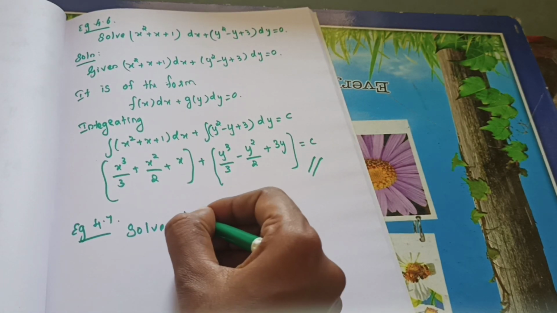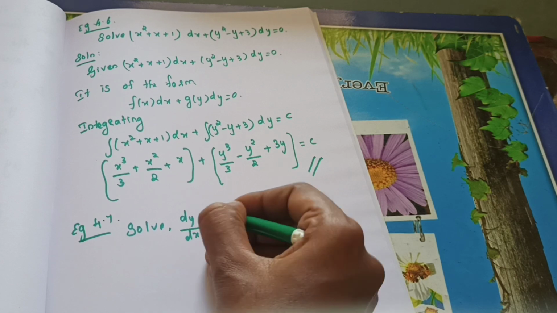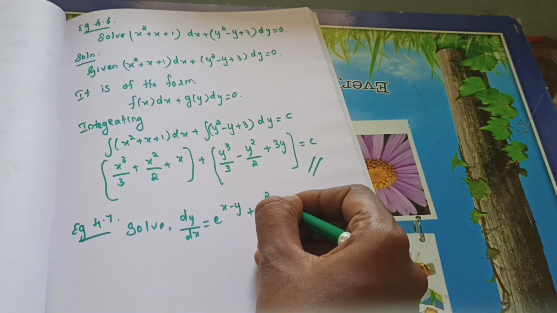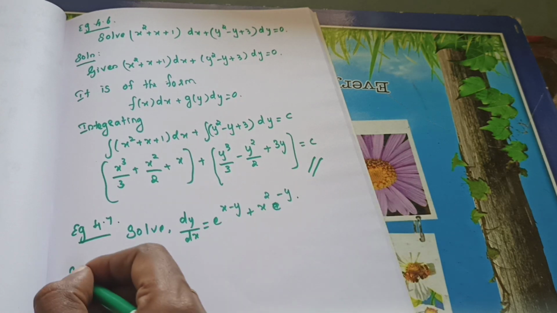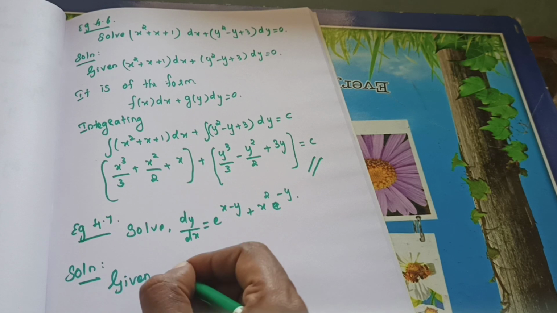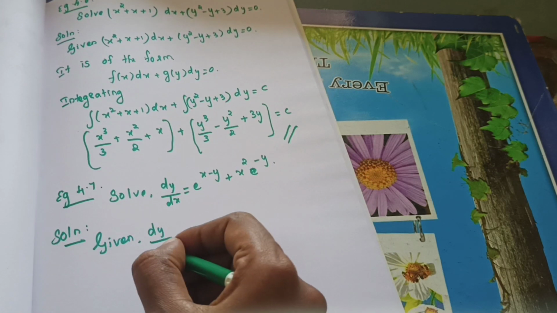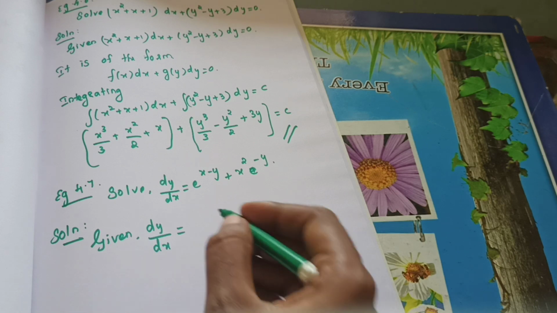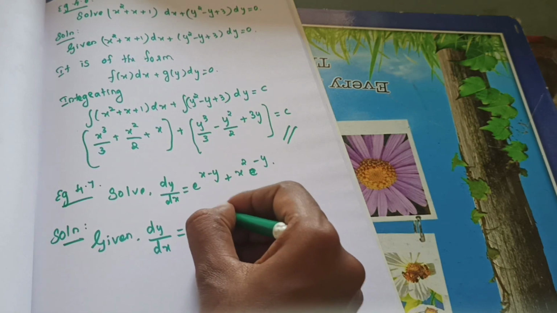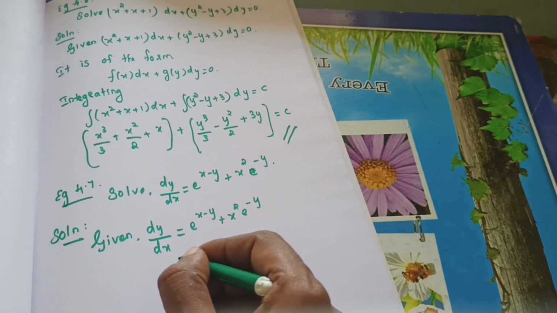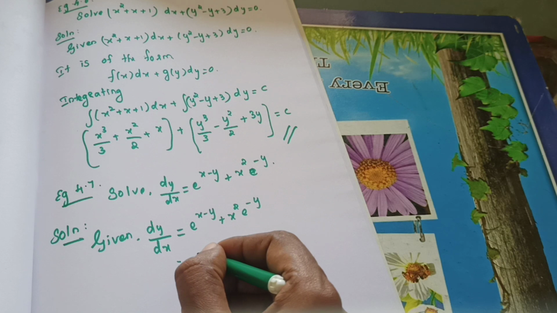Solve dy/dx = e^(x−y) + x² e^(−y). Solution. Given dy/dx = e^(x−y) + x² e^(−y).